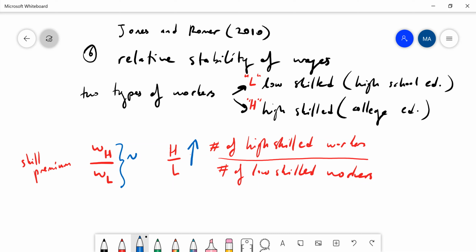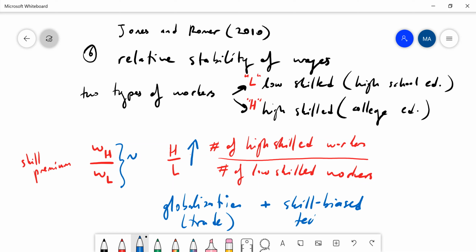And that is related with two things. One is, of course, globalization. So there's this trade channel. I can explain this later on. And the other is skill-biased technological change. So those factors explain why the relative demand for H is getting larger.